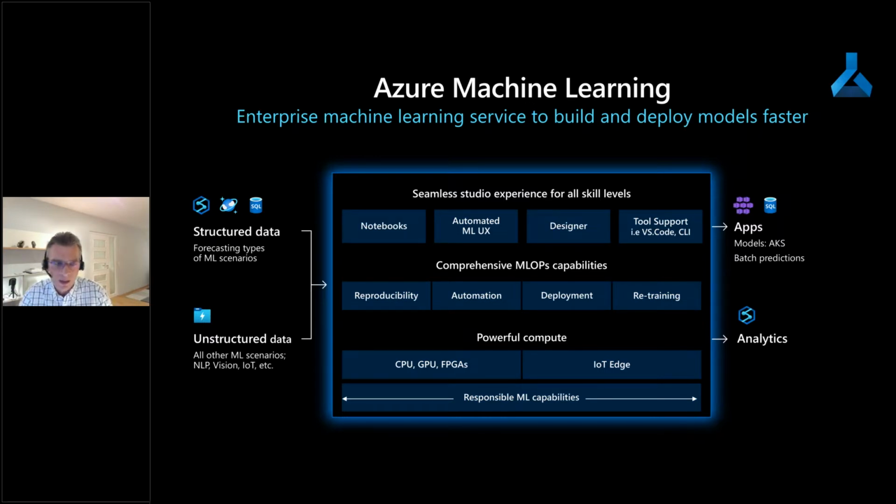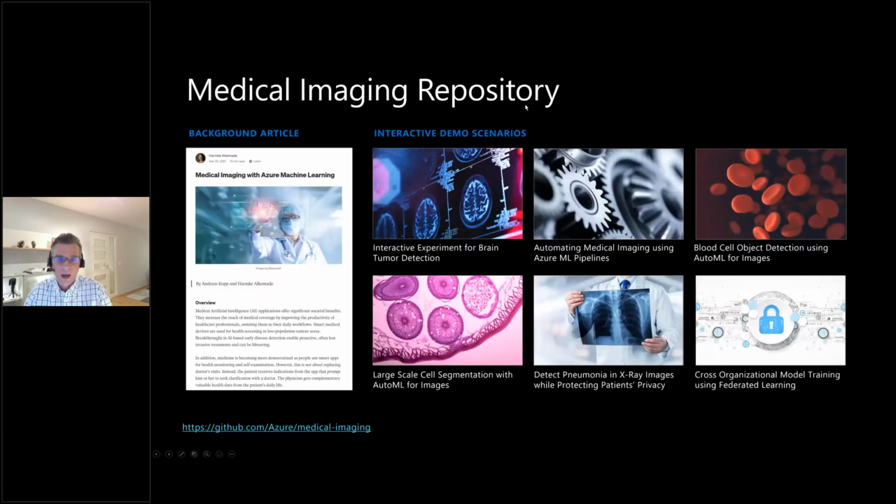On the other hand, we have data scientists who want to leverage Jupyter notebooks, or somebody who wants to use code tools like VS Code, for example. And the Azure Machine Learning platform provides a range of capabilities also on the authoring side, which you will see in our demo. I've already mentioned the repository that we have published.